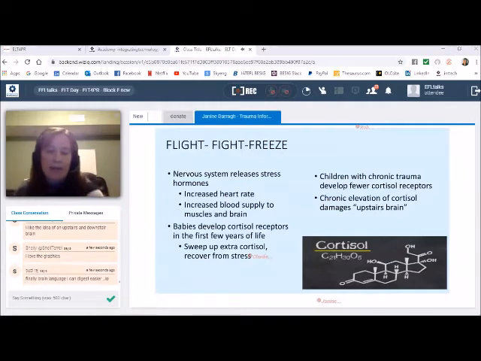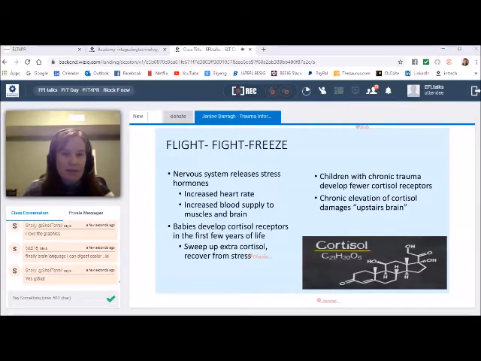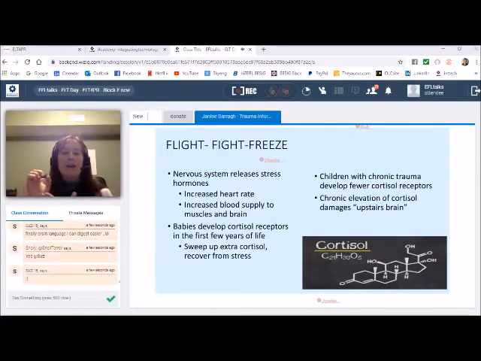So when we experience trauma or some sort of stress, we go into what is called flight, fight, or freeze. So if a giant bear came into this room right now, I might run, I might try to fight it, but probably not, or I might be paralyzed with fear. And what happens physiologically is that all of these stress hormones flood into my downstairs brain.